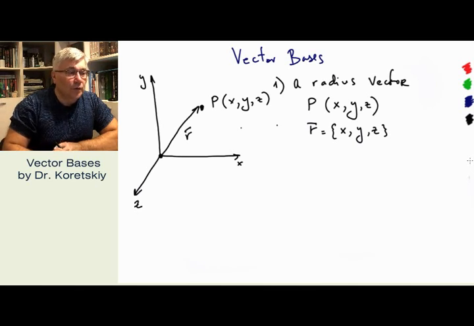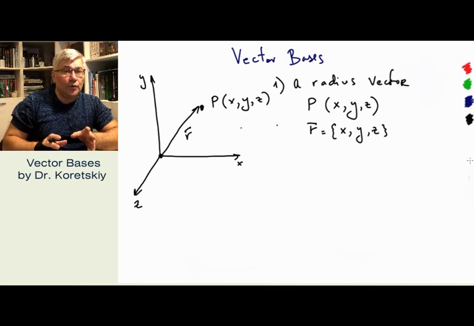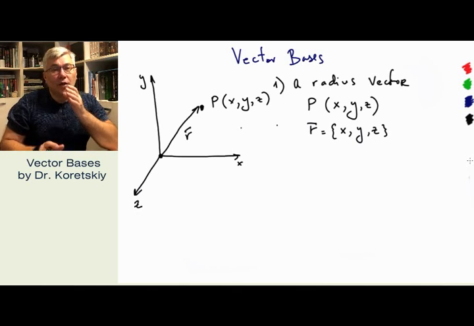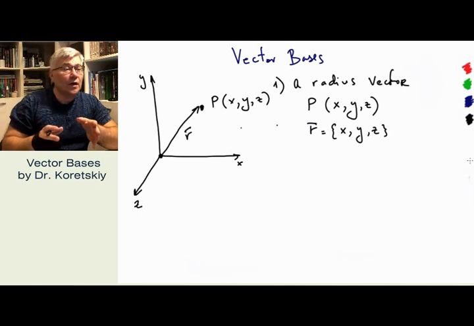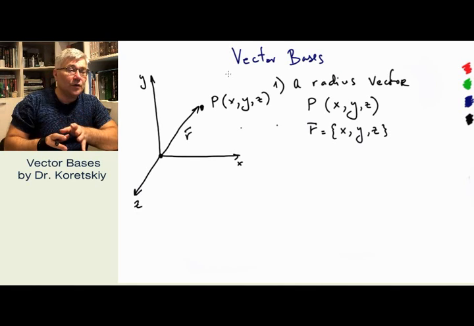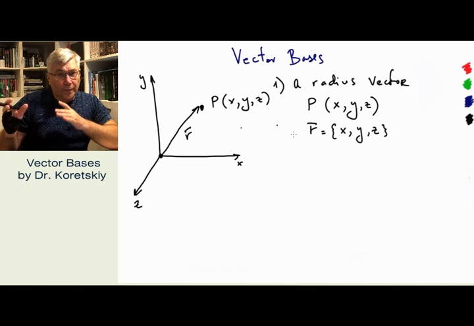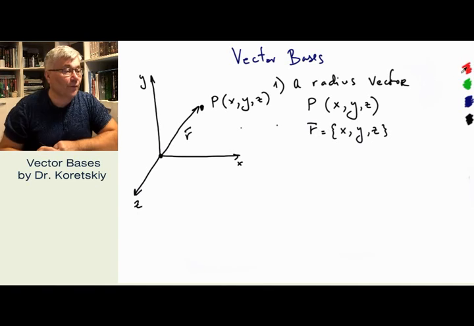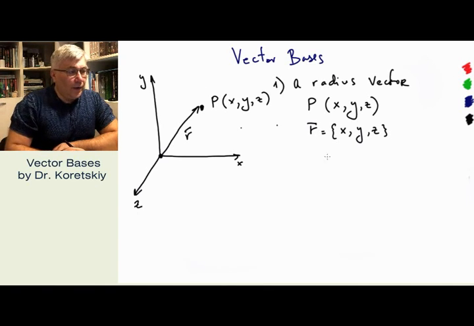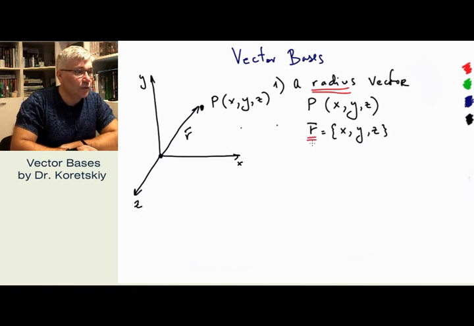It's very clear how we can get these numbers, because we can take away from the head point's coordinates the tail point's coordinates, and the tail point's coordinates here are 0, 0, 0, so the components of the radius vector are equal to the coordinates of the P point minus zeros. So we have these numbers x, y, z here. Okay, this is the first concept, a radius vector.